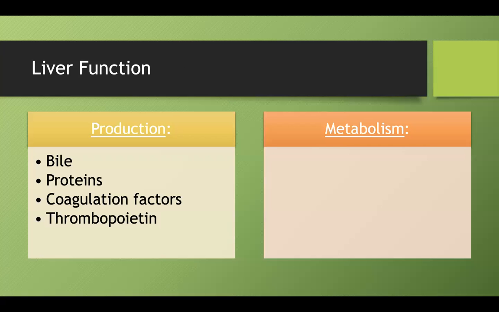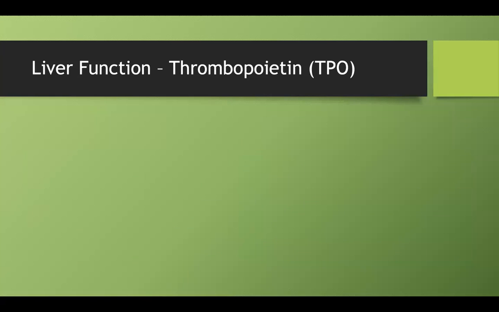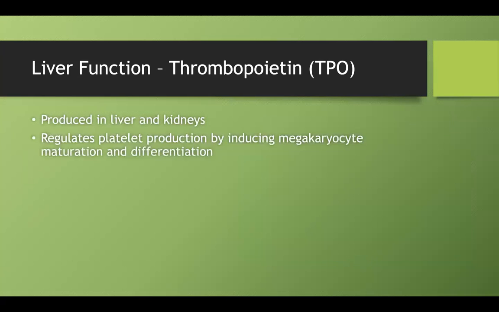The liver also produces a compound called thrombopoietin, or TPO, which is produced in the liver and the kidneys, and it can regulate platelet production by inducing megakaryocyte maturation and differentiation. So what does that even mean? Well, here is an immature megakaryocyte. Basically, our bone marrow is producing platelets all the time. It's constant turnover. Platelets do not have a long life. I could be wrong, but I'm pretty sure they only live like 1 to 3 days or something ridiculously low.